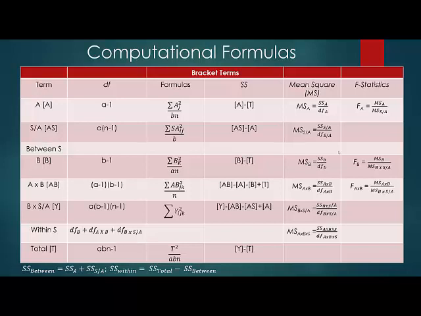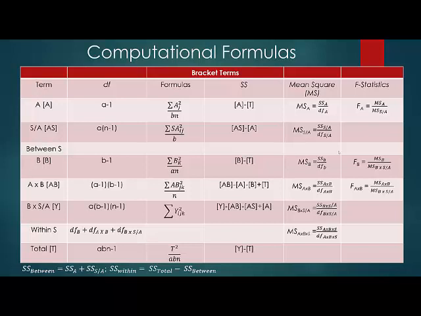And then we have the mean square column. Again, these are the variance components that we use to estimate our F statistics. So for example, within the mean square for between factor A, we divide that by the mean square error there. So what's the ratio of the treatment differences to the error within groups?